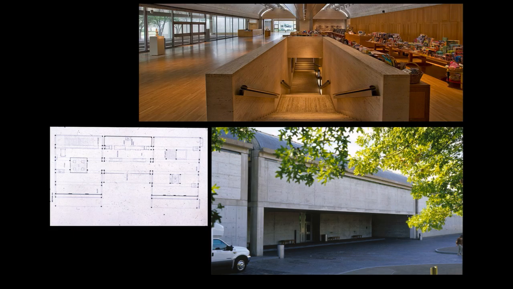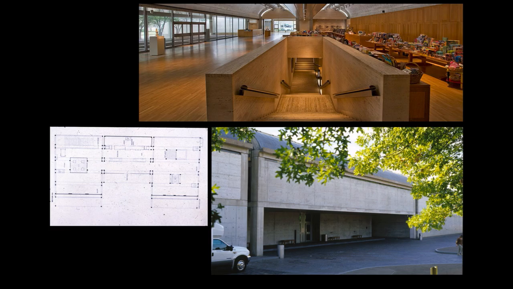In the plan, if you take a look, you can see the different units that he lined up end to end and side by side down the length and the width of the site. Now, if you go there today, chances are you're going to park in the parking lot, which is located across the street behind the Salk Institute, and you're going to walk across the street and go down a service drive and enter at a lower level, which you're taking a look at in the image on the lower left.